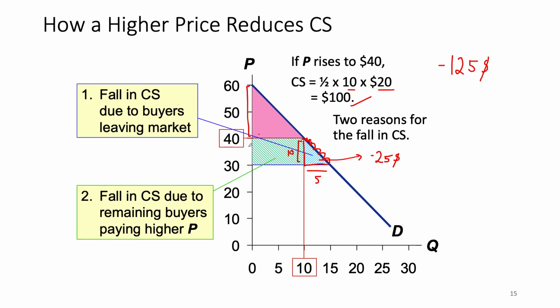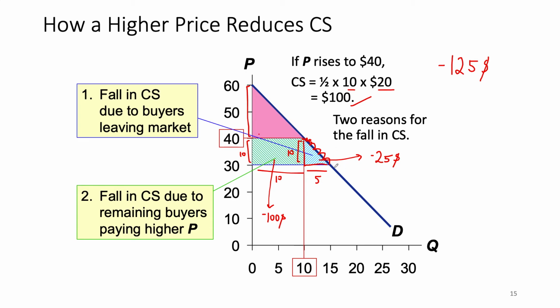So the height here is 10, the breadth here is 10, length times breadth. So this rectangle accounts for a drop in the consumer surplus of $100, right?